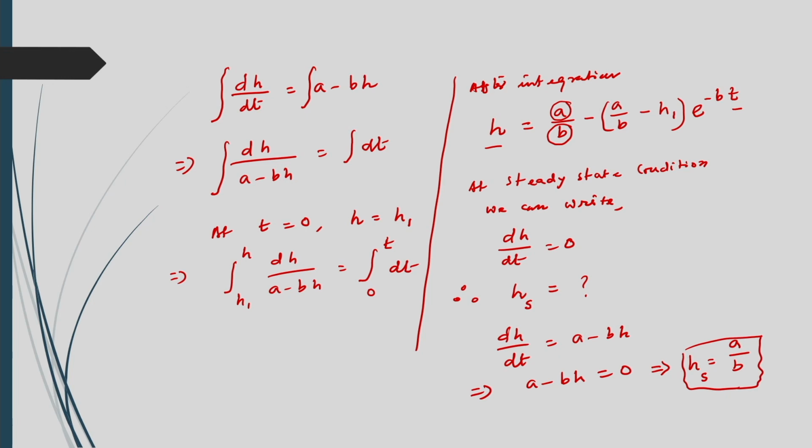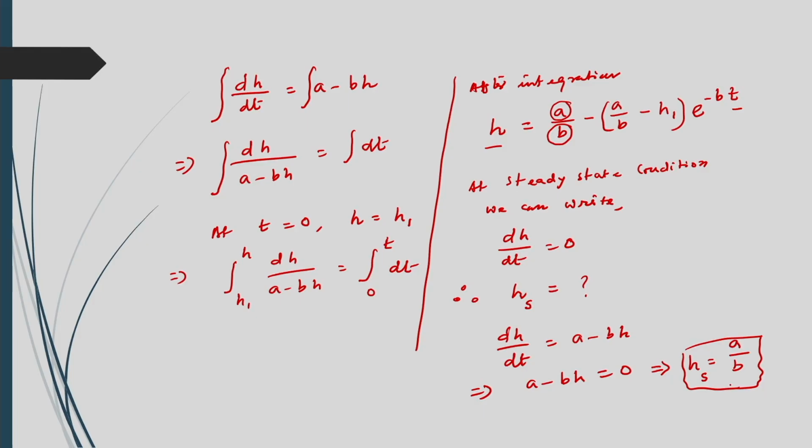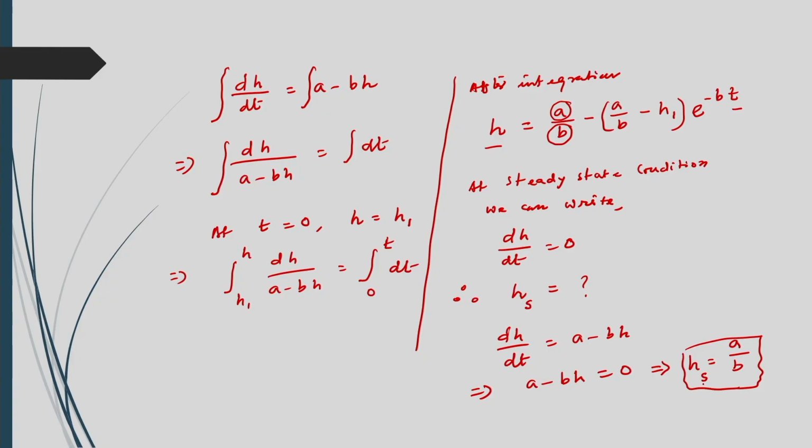That means if the inlet and outlet flow rates are the same, in that case this steady state height will be equal to A by B. So, if you consider that A is equal to, suppose, 1 meter cube per second and B is equal to, suppose, 2, then the steady state height will be 1 by 2, so it will be simply Hs equal to half a meter.